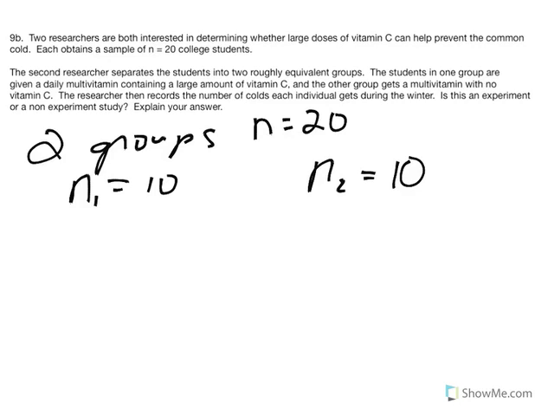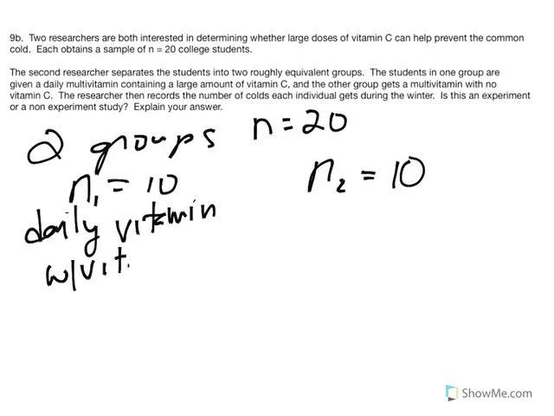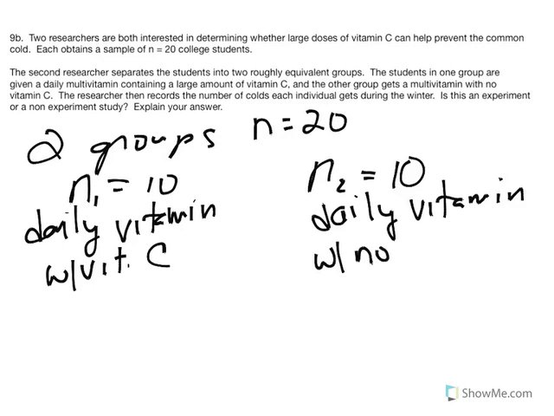The students in one group are given a daily multivitamin containing a large dose of vitamin C. So they get the daily vitamin with vitamin C. Okay, and then the other group gets a multivitamin with no vitamin C. So they get a daily vitamin with no vitamin C. Okay, so again, we see that we have the construction of two groups.